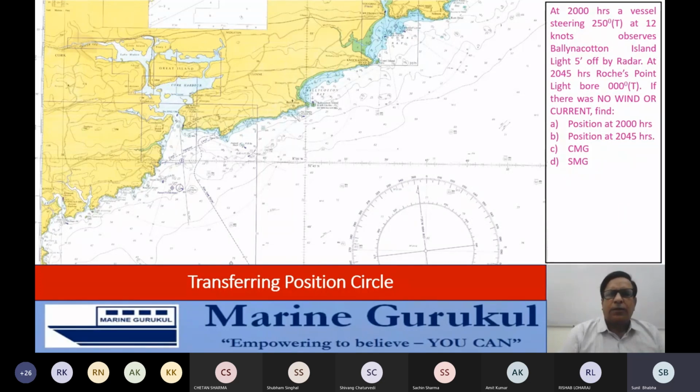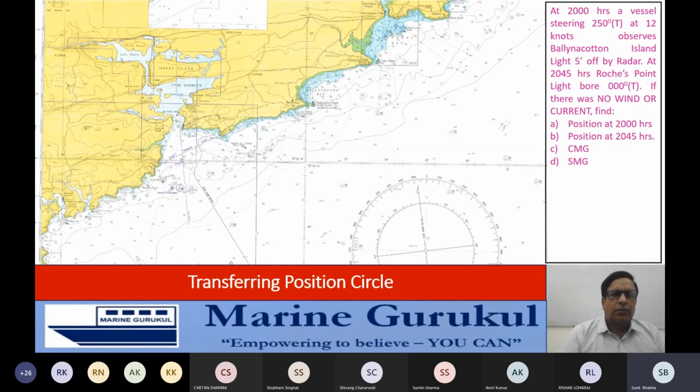At 2000 hours, a vessel steering 250 degrees true at 12 knots observes Bellinacotton Island light 5 miles off by radar. At 2045, Roche's Point light bore 000 degrees true. If there was no wind or current, find the position at 2000 hours, position at 2045, CMG and SMG.